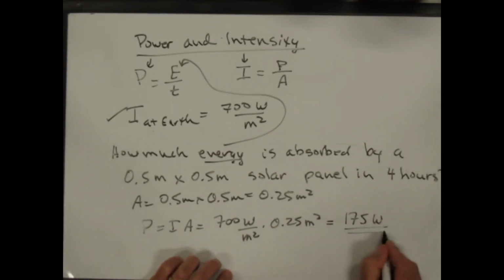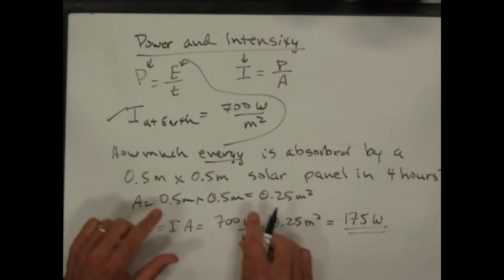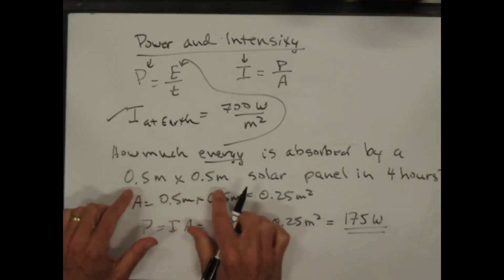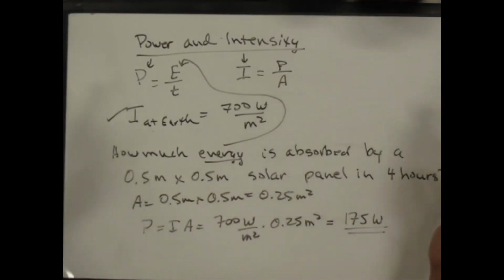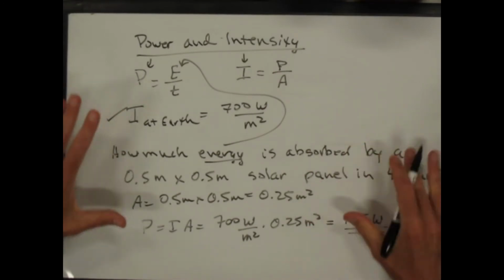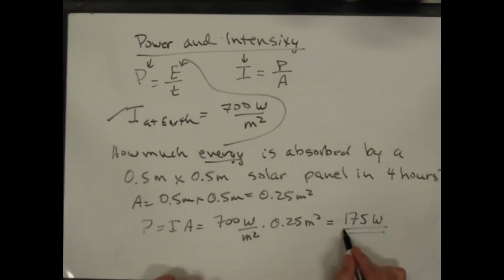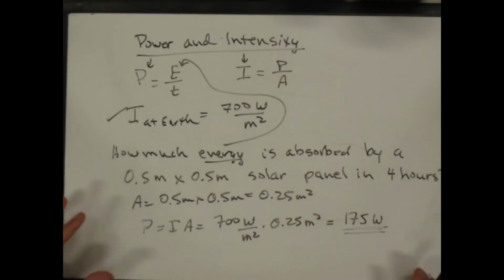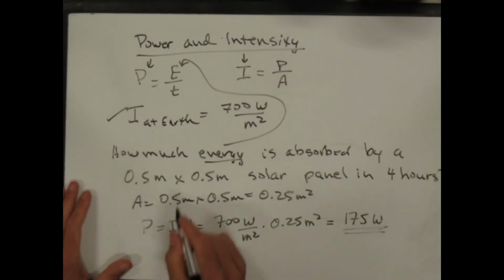And so that's the power that's getting. So if you have a 0.25 meters squared solar panel, maybe about the size of this whiteboard here, and the sun's shining on it all day, it averages about 175 watts. So enough to run maybe a PC or something like that, your laptop, right? And so usually if you want to run your house, you have much bigger solar panels covering your whole roof maybe.